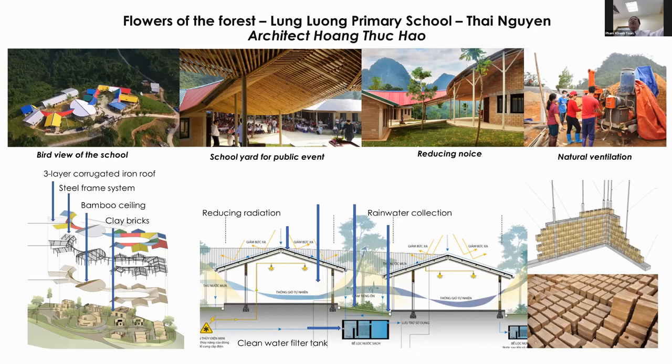This is really locally built, with a wall system made of bricks produced on site with a soil compressor, and with the participation of the local people who joined to build this building. As for materials, you can see bamboo for the ceiling, and the roof is a three-layer corrugated iron roof with a simple steel frame system.